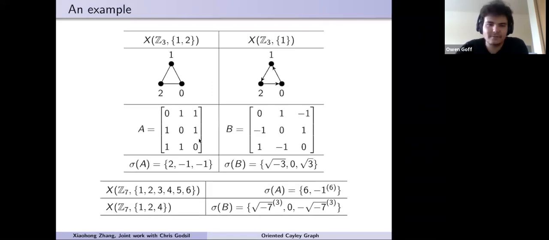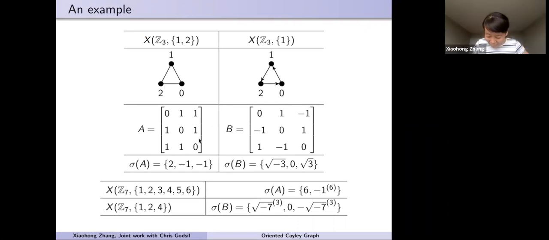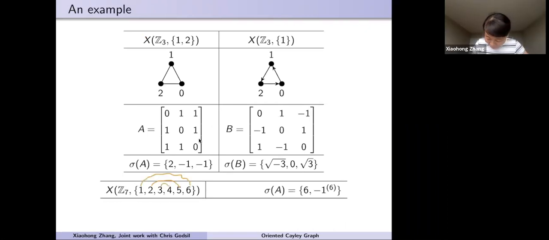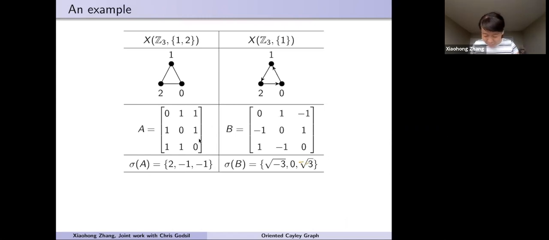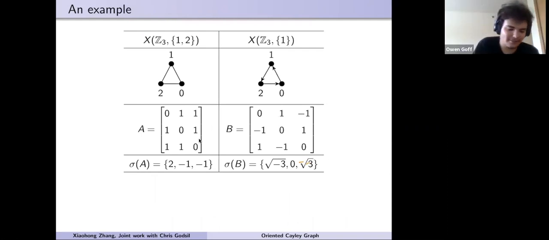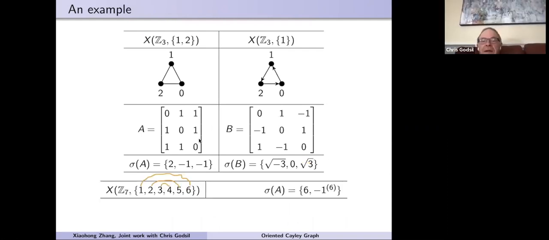Should that be negative square root of 3 rather than square root of negative 3? Yeah, I corrected it on the previous slide. I connected here. Okay, negative square root of negative 3. Thank you. That's all.